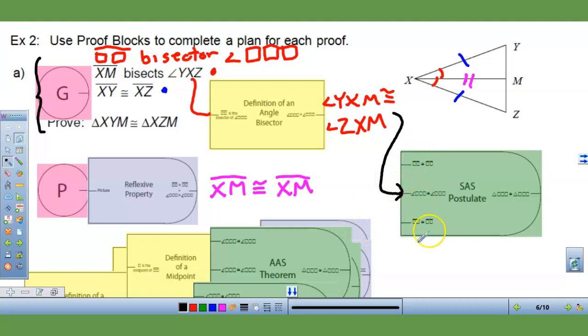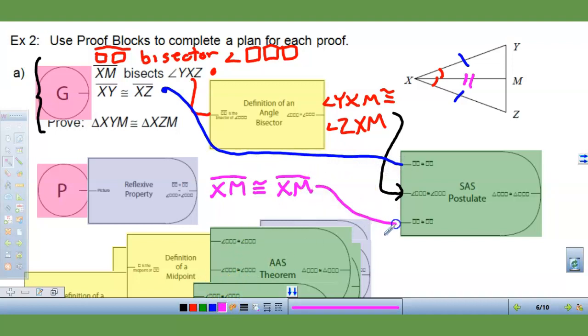But you see there's 3 empty places, right? That's why there's one for each of these. We need a statement for the side, a statement for the angle, a statement for the other side. So we have another statement right here for a side, and we have our second side, our third statement right here. Since we have all 3 statements going into this postulate, the outcome of that is right here.